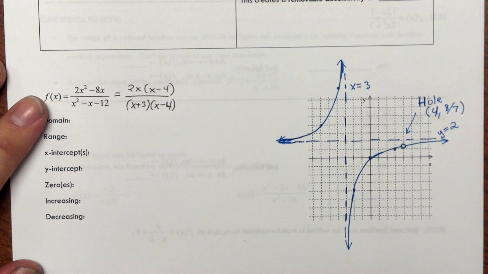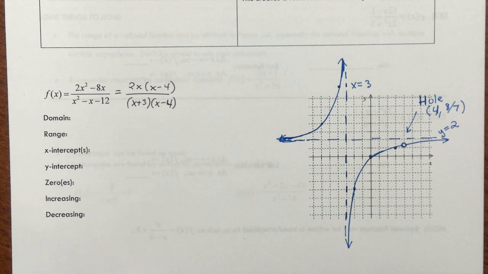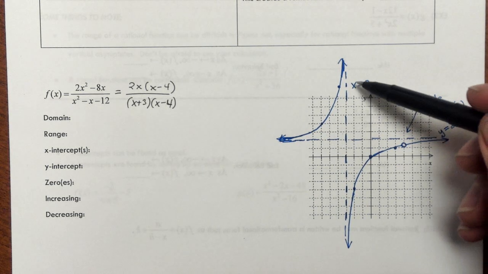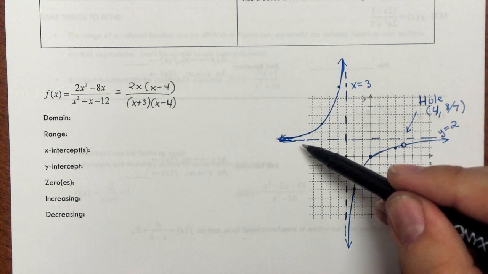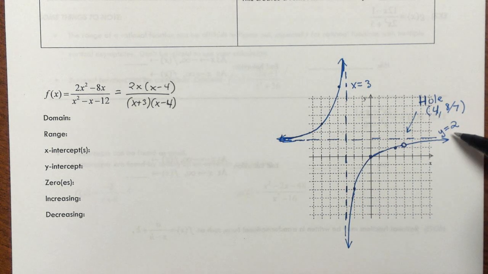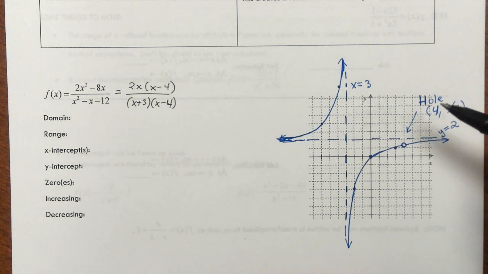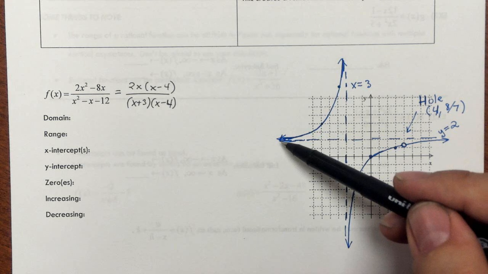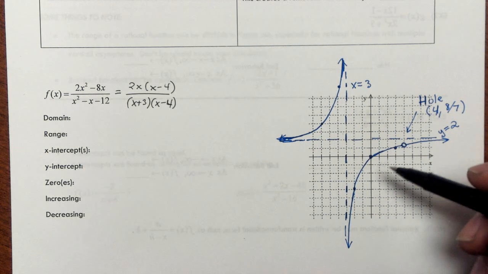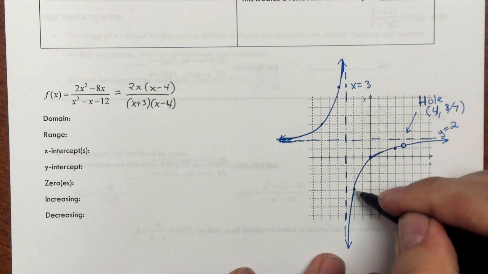I have already made a sketch of this graph because, like I said, I was messing it up earlier and it was frustrating me. You see here I have a vertical asymptote, x equals -3. My horizontal asymptote, which I'll tell you about how to find in a minute, is y equals 2. And I've plotted some points to try and get a general idea of what this looks like. I've also tried to hug close to these asymptotes because that's what the function does. I have a few good points.